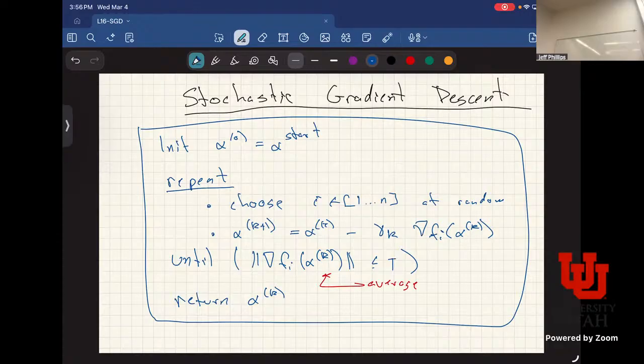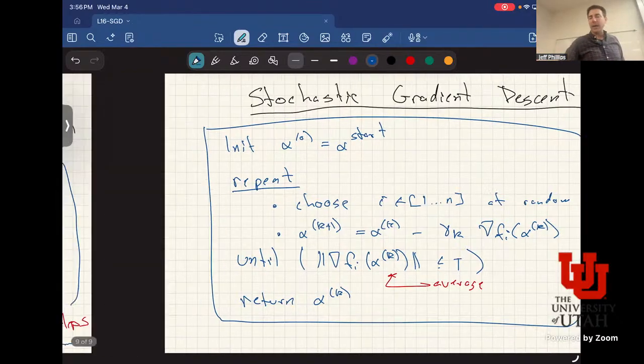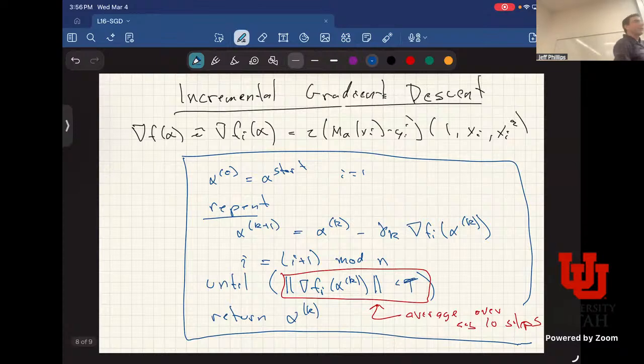So typically in practice, although you can prove stuff about stochastic gradient descent and it's harder to do for incremental, you would randomize the order once, and then run incremental gradient descent. Then I can just read stuff and do prefetching.